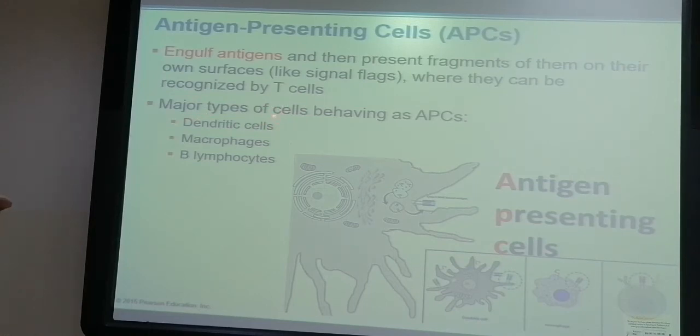The major types of antigen presenting cells are the dendritic cells, the macrophages, and the B lymphocytes. So they are tagging the cells, and that tag will be recognized by the macrophage, and then it will be attacked.